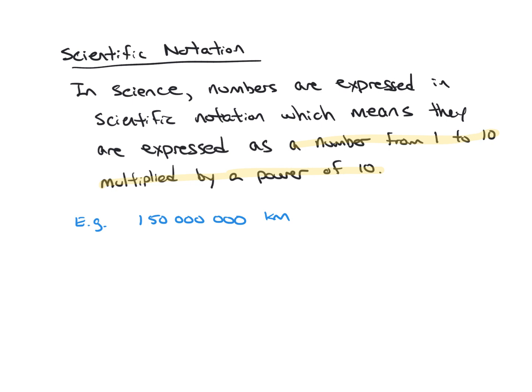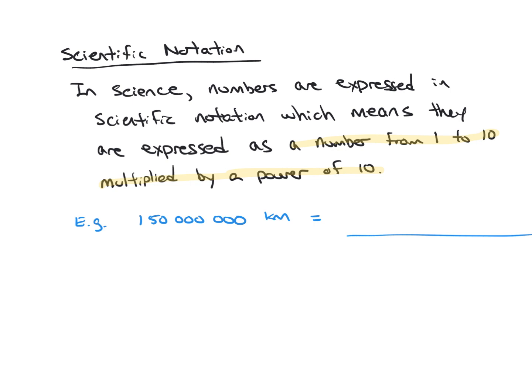Scientists will often condense that, use less space on the page, not write all these humongous numbers, by using scientific notation. So that means to rewrite it as a number from 1 to 10, but then multiplied by a power of 10. So the number I'm going to write here on the right side has to actually equal the number on the left side.